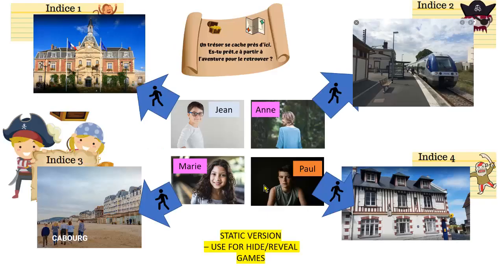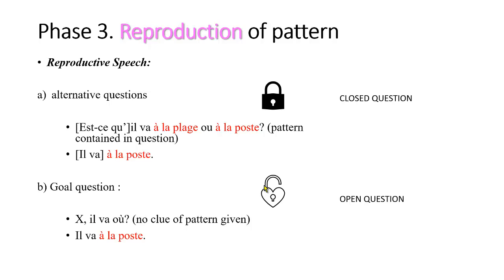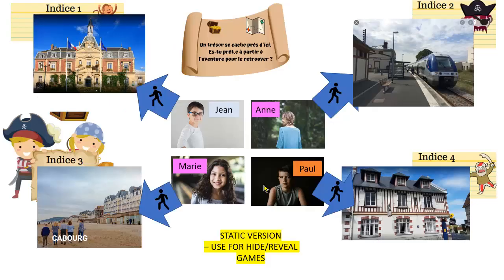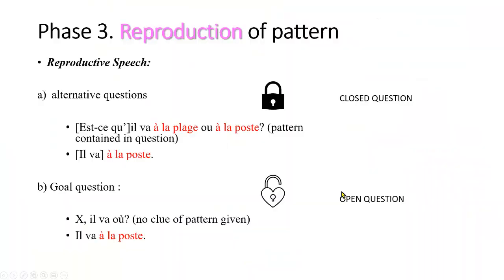So again, you've got a static version which you can use for those games. So now I could say Paul va à la poste ou Paul va à la gare. Get them to answer, and Paul va à la poste. So that's the repetition stage, and that's where this secret choice game comes in.